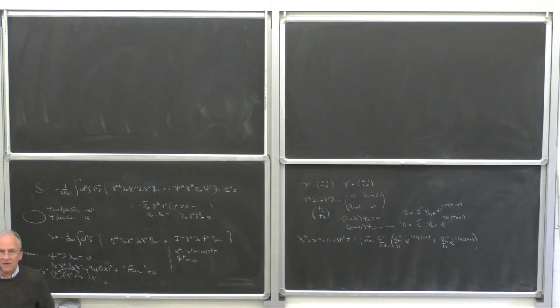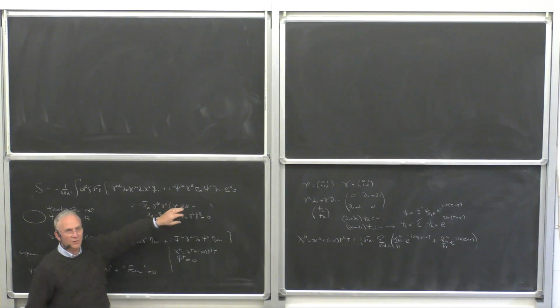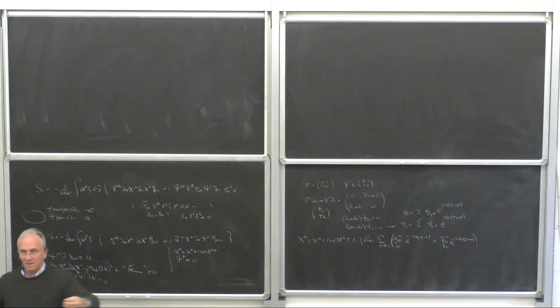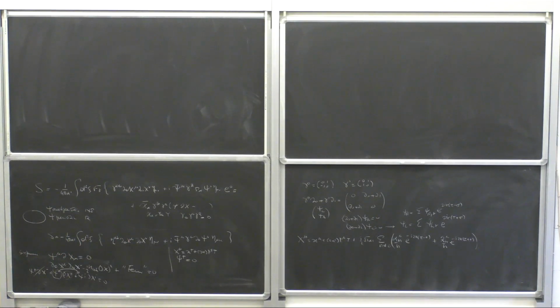I said it a bit quickly before when we talked about D equal 26. Out of the bosonic coordinates, you can construct the generators of the Lorentz group, in fact the whole Poincaré group. So you can construct Noether charges for this two-dimensional theory, which are to be integrated over space, which means over the string, the space coordinate on the string world sheet. And the Noether charges are the zero modes that you build that way.